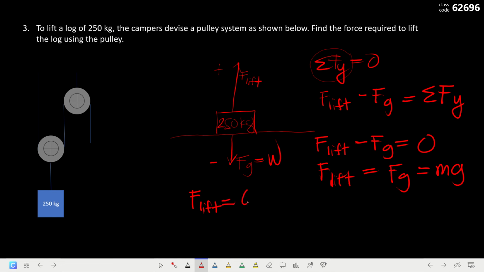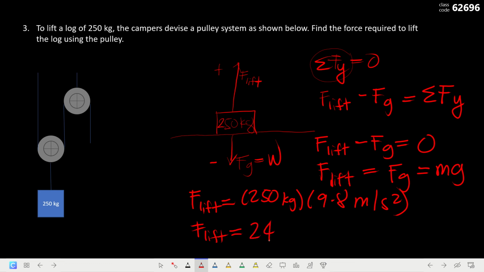The mass of the object is 250 kilograms times the acceleration due to gravity, 9.8 meters per second squared. So the force required to lift a 250 kilogram object is equal to 2,450 Newton. This is the force required for the campers to manually lift this object. Without the use of a pulley, they need to apply a force equal to 2,450 Newton.